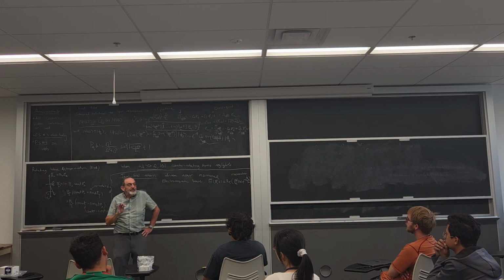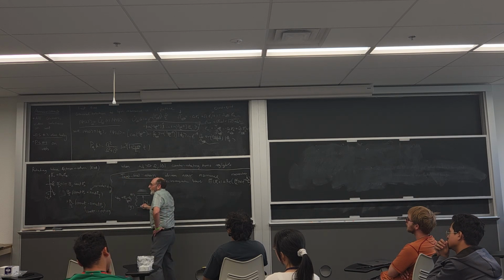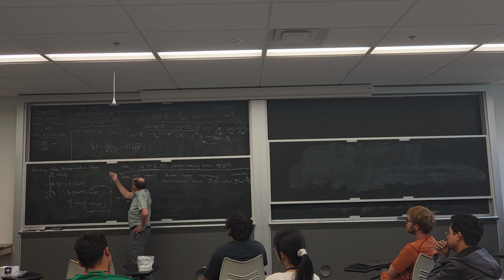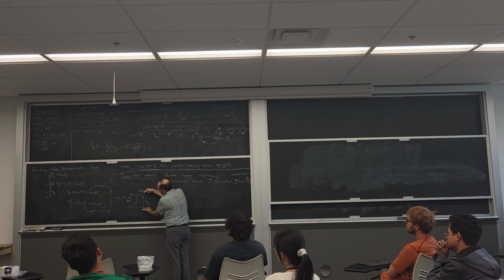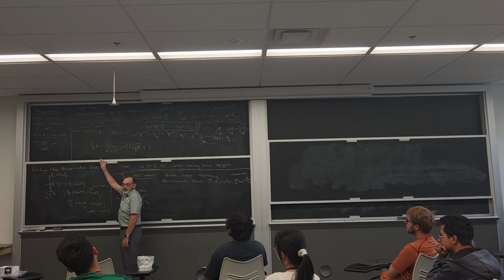And that depends on the intensity, or something that has to do with the strength of this. So the Rabi frequency that connects these two levels has to be small compared to the detuning.